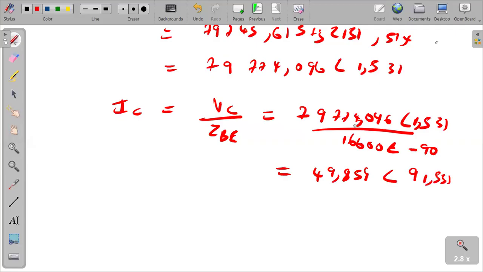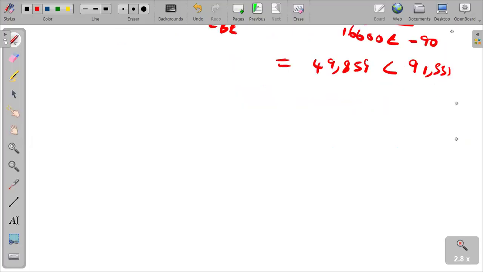We just divided these and we subtracted. So we had 1.531 minus negative 90, that's giving us 91.531. That will also give us in rectangular minus 1.332 plus J49.841.